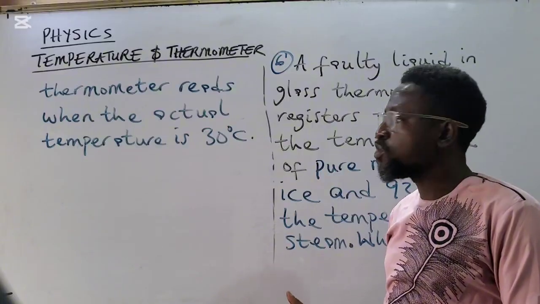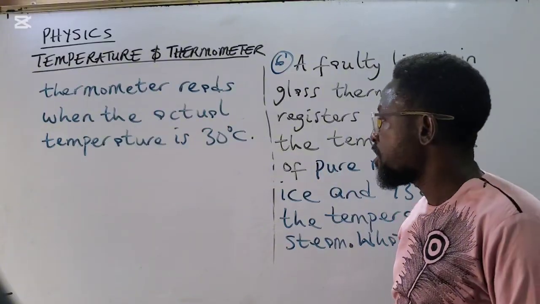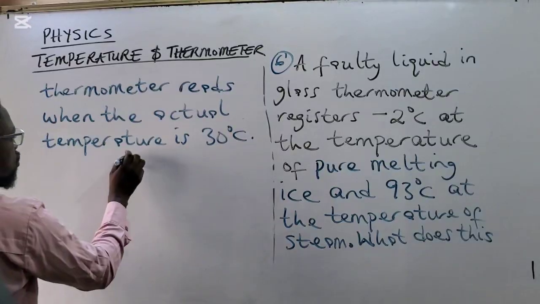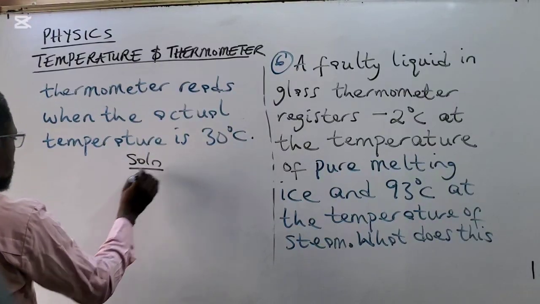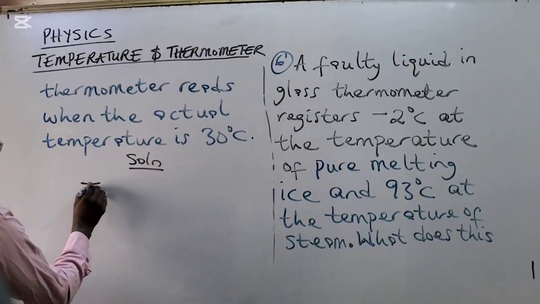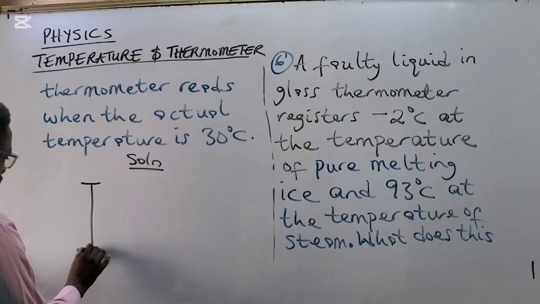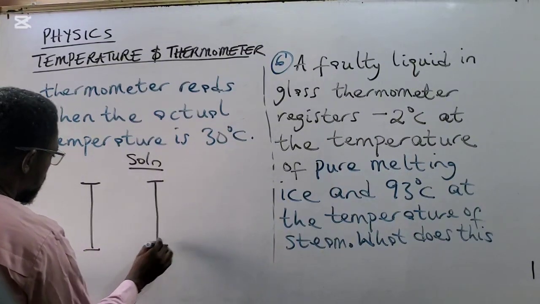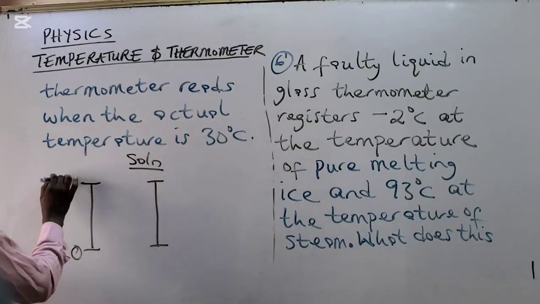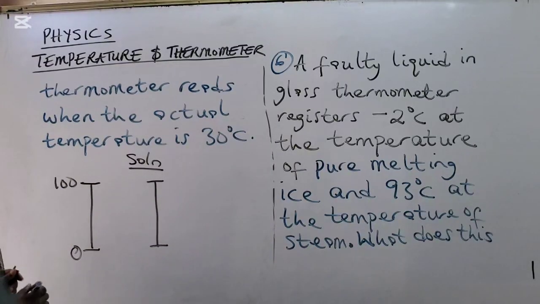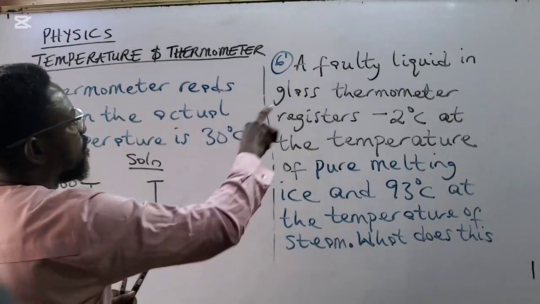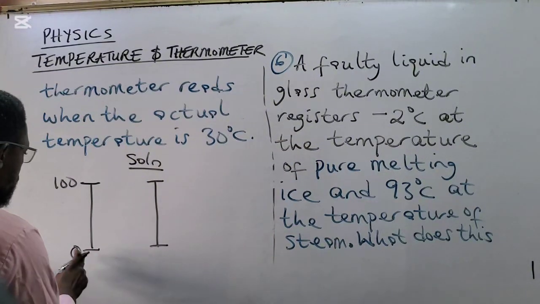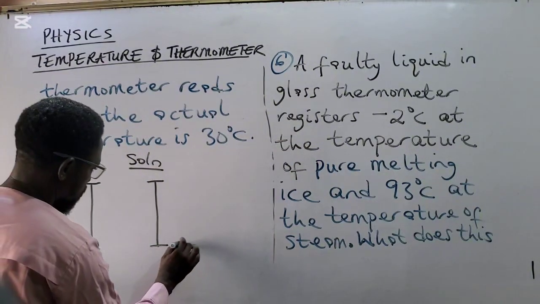Now, if you have a question like this, you solve it in the same way you solve the previous question. It's just the same thing. What I will do again is to draw the two lines. I draw this one, and I draw the other one. Here is 0, and here is 100. So now, say the liquid in glass thermometer registers minus 2 at the temperature of pure melting ice, which is 0.